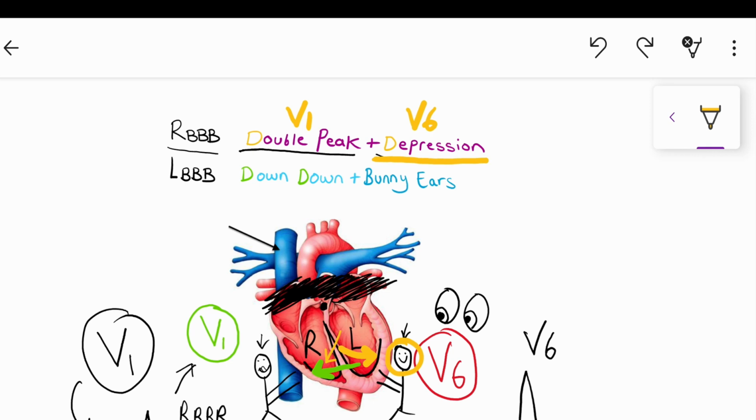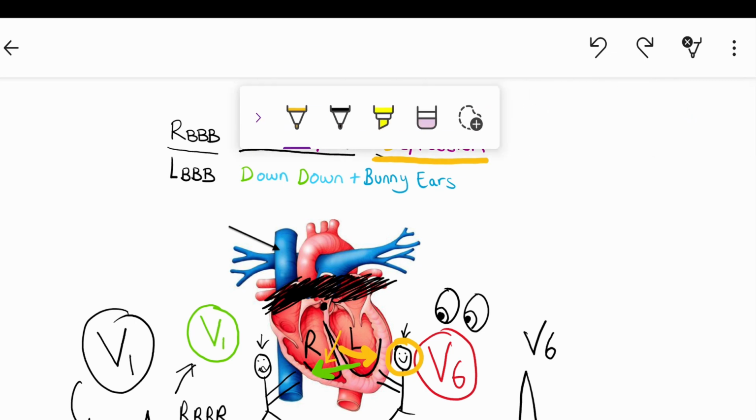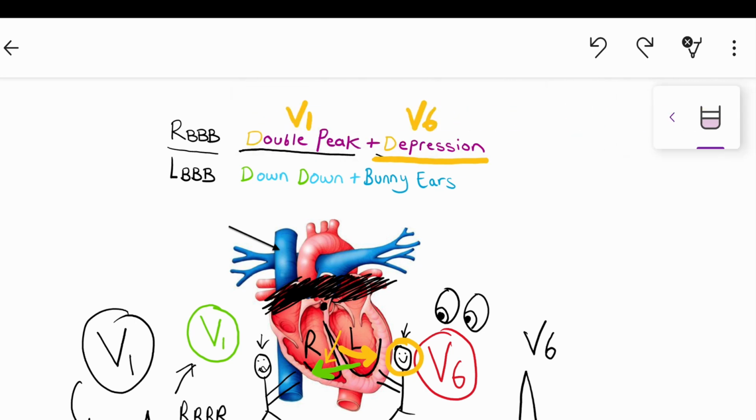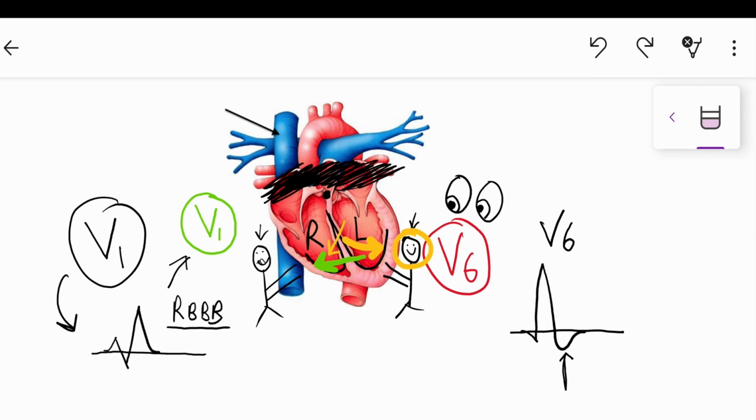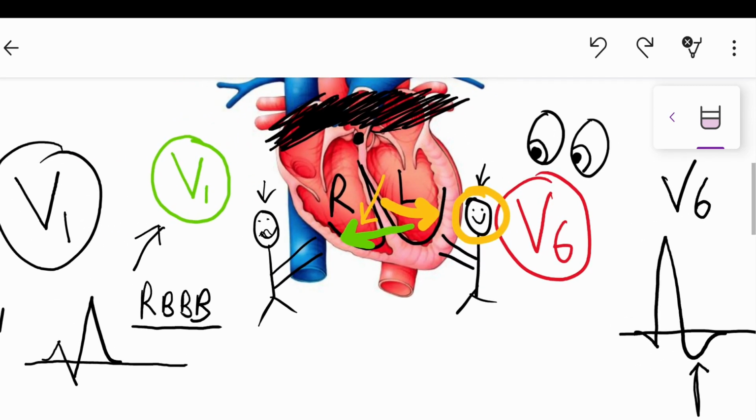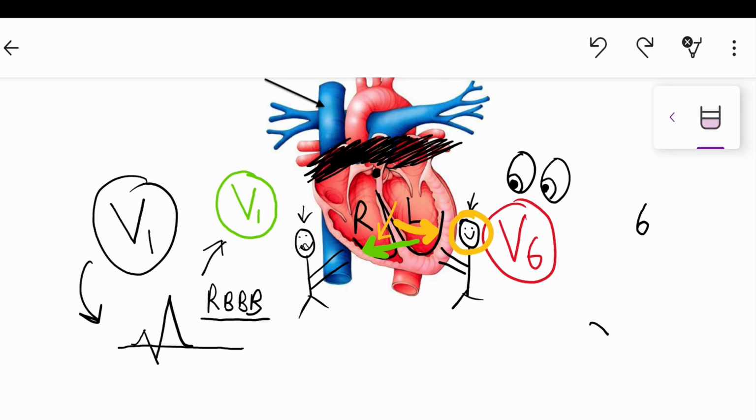Now let's look at left. This is the trickier one, but it shouldn't be too tricky. Now you know the fundamentals. So let's get rid of this.